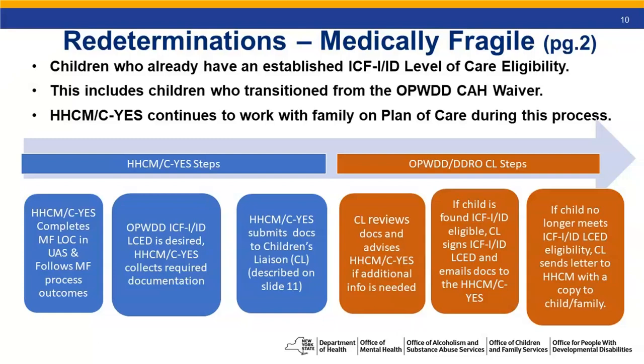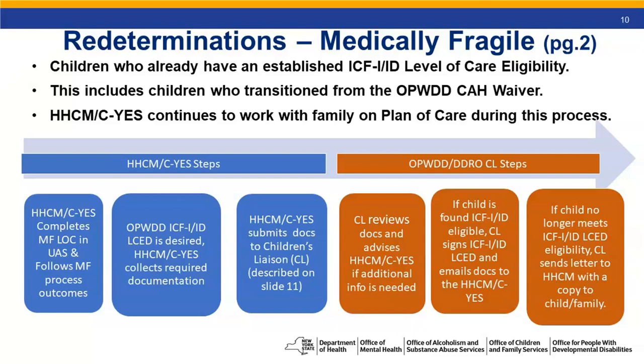And what documentation is that? It's spelled out in the table, step 2, and it's also in the slides later on. I believe it is slides 19 and 20. So I'll just go over this briefly. The required documentation that the health home care manager and CES must collect is the current general medical report, a copy of the child's plan of care, an updated psychological report if there is a significant change in the child's functioning, and a statement from the care manager.